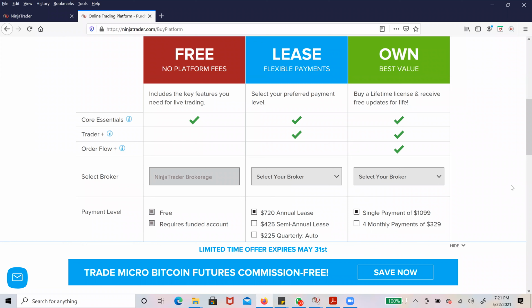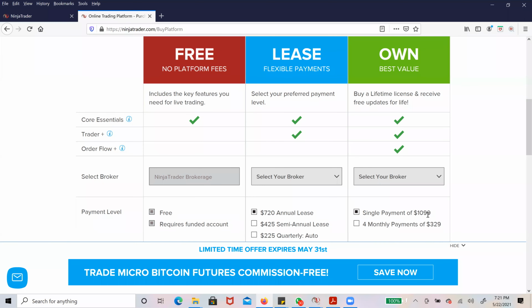Either you are using it, your wife is using it, or your kids are using it. As long as the laptop and everything is up and running, you can use this platform as many times as you want. The cost is $1,100.